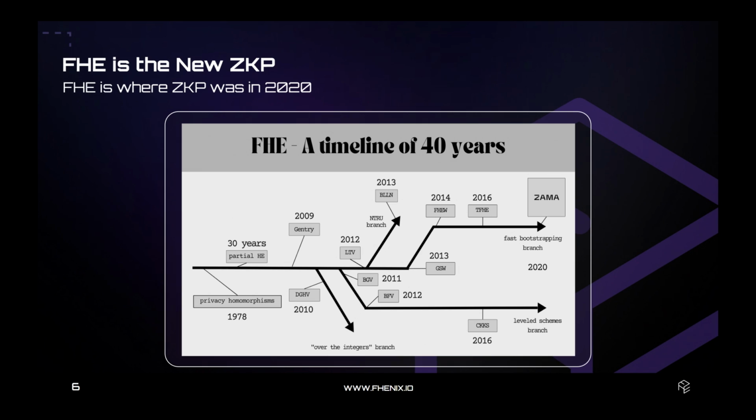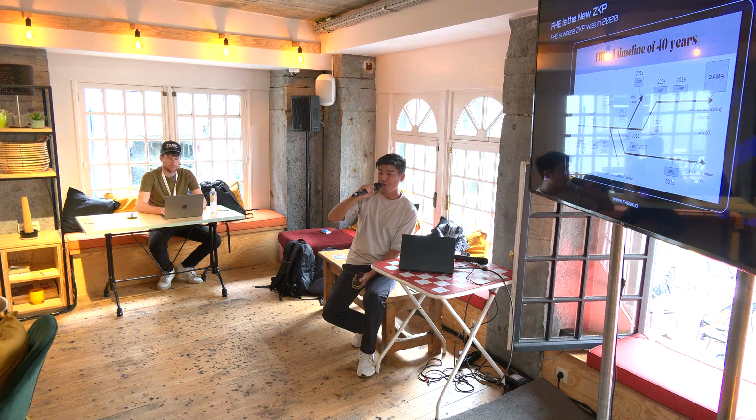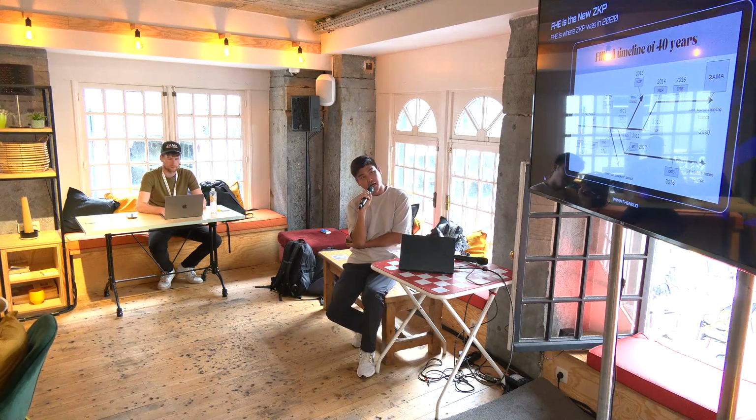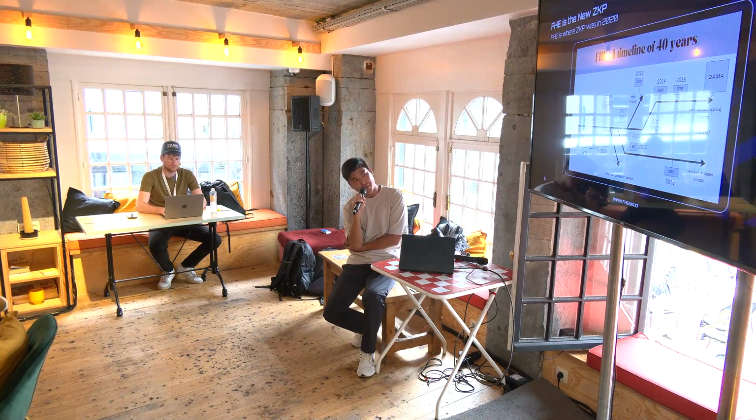Then for 30 years, there was a lot of progress on partial homomorphic encryption, and then in 2009 there was this new concept, bootstrapping. If you think about it, FHE is kind of noisy encryption, in the sense that you need to throw in some noise or some fake stuff with the real stuff in order to obfuscate what's actually happening.